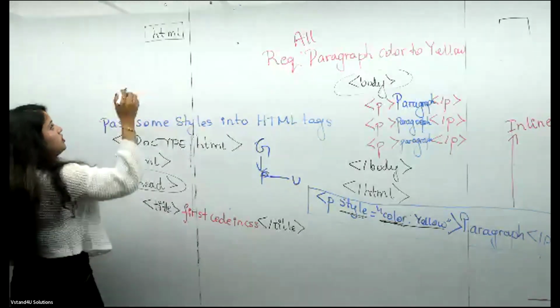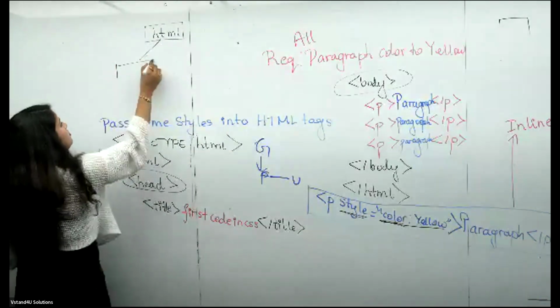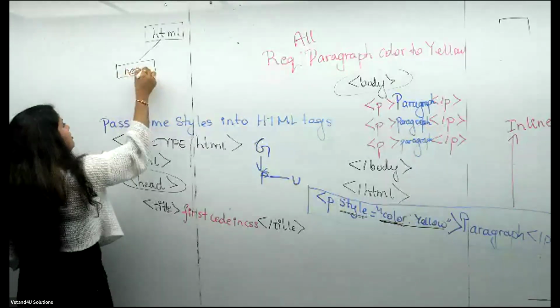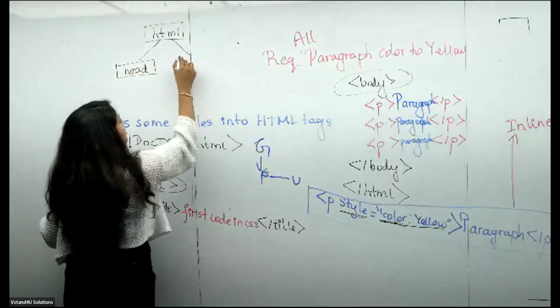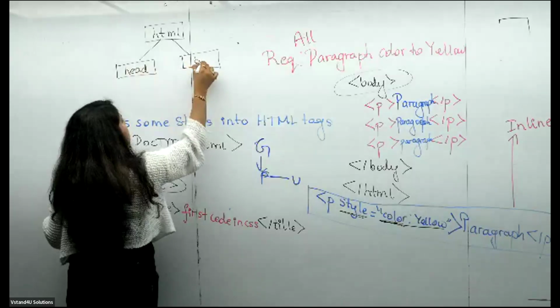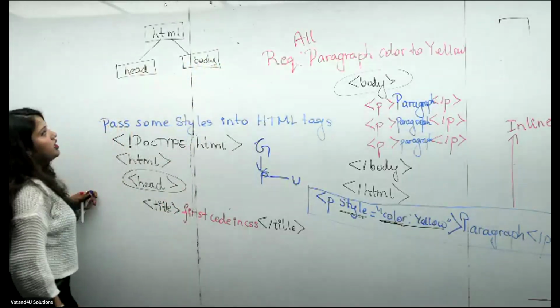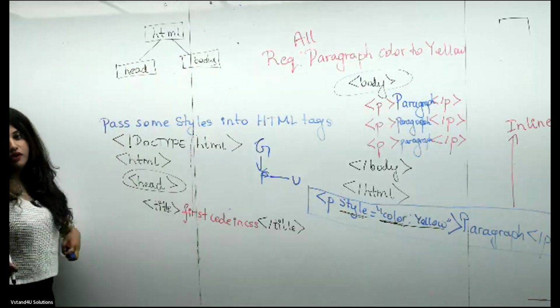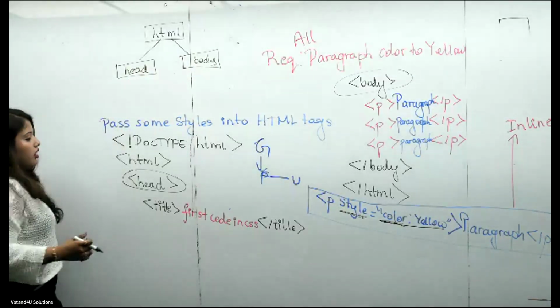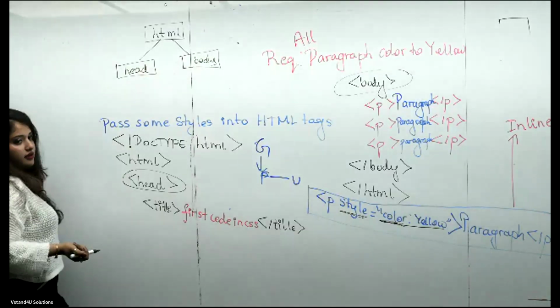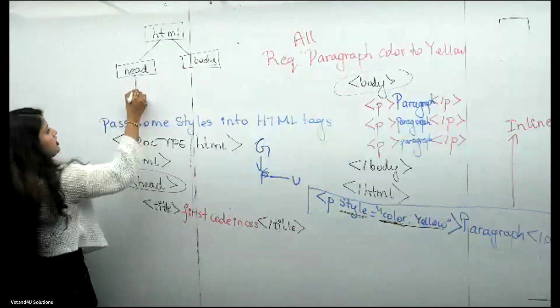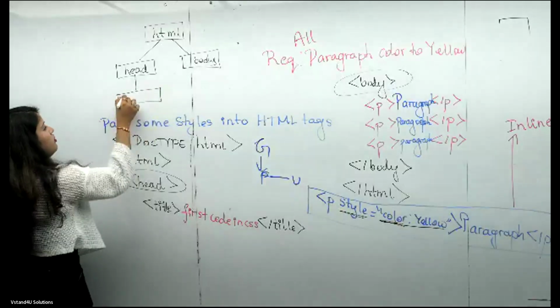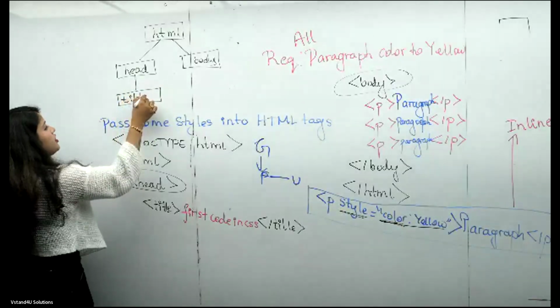So now, for this HTML, how many children are there? You have 2 children, one is your head and one is your body. Now tell me, for this head, how many children do you have? Title. Don't say closing of title also. So for your head you have one child, that is your title.